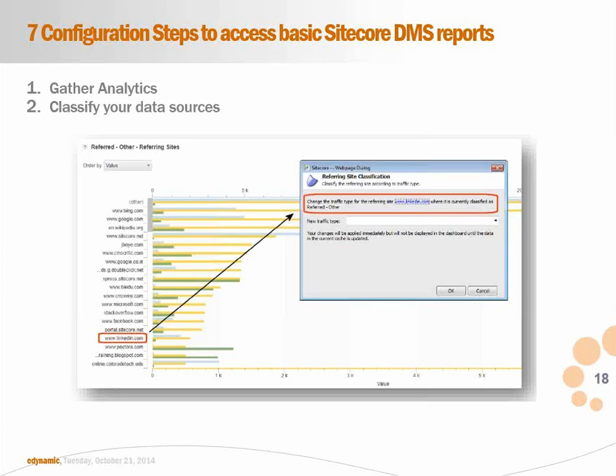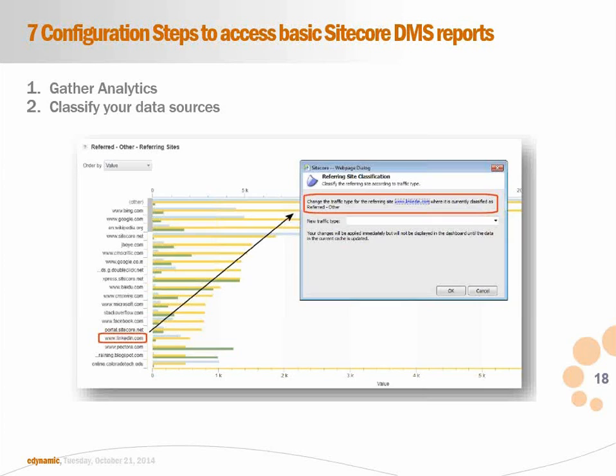Then it will start showing the analytics data from production in the content authoring environment. This is the first step, and this is how we will be able to see basic data within the executive dashboard and engagement analytics in Sitecore DMS.